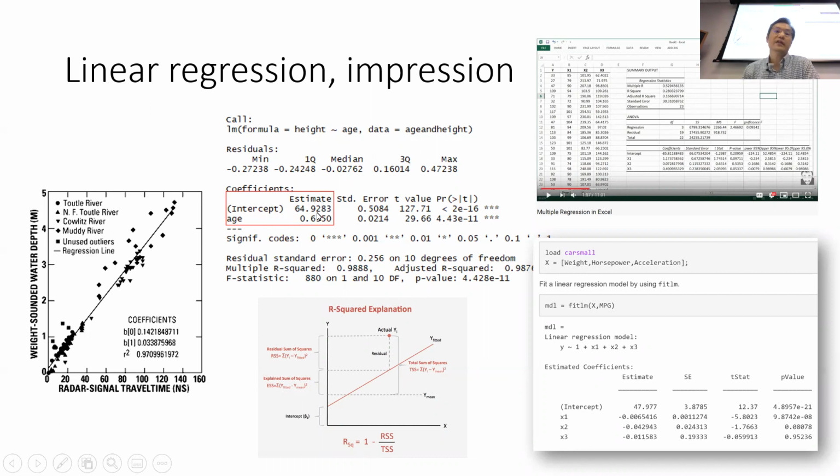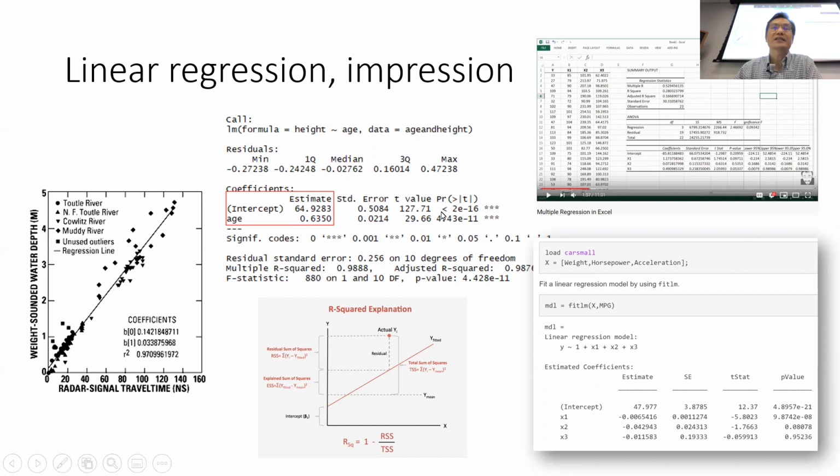That's your intercept. This value is the slope regarding this variable, right? In this case, it is just a single variable. That's very easy, and you can have multiple different features, different independent variables, and you can incorporate them into the model to explain your y. You can do this very easily.